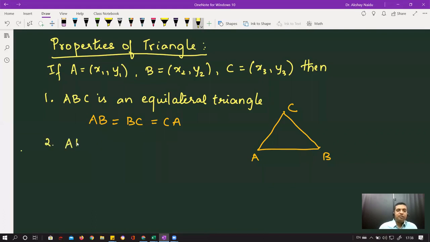When will ABC be an isosceles triangle? Answer. I'm going through this geometry basics because again in straight lines we'll have to deal with all these.